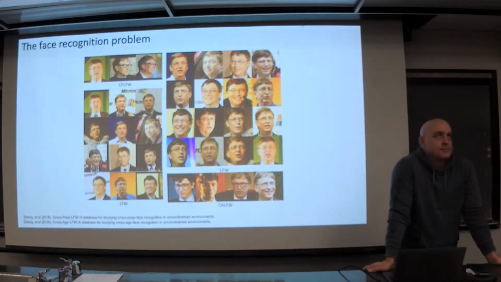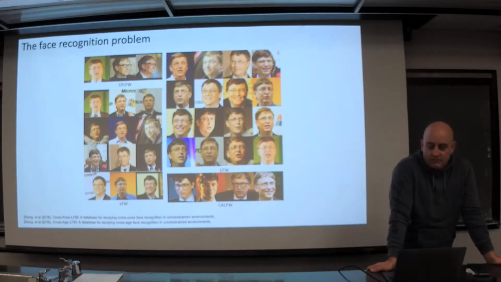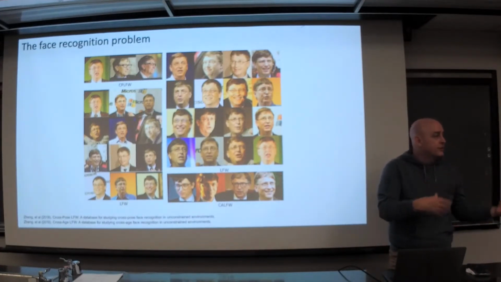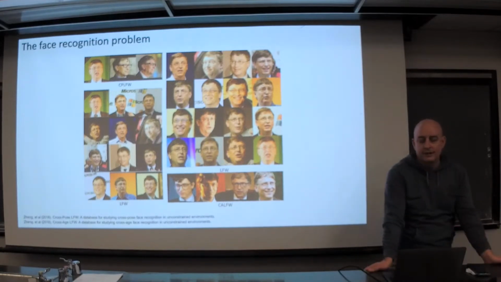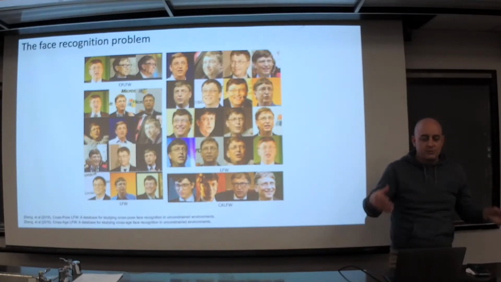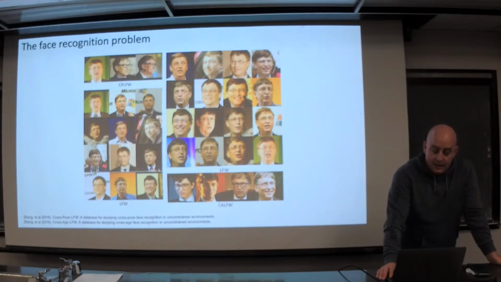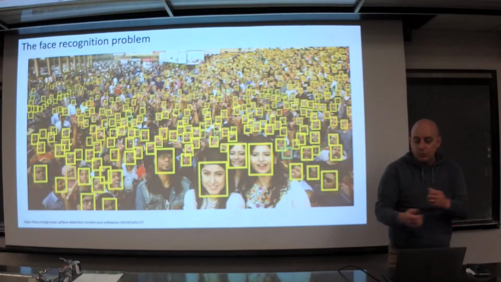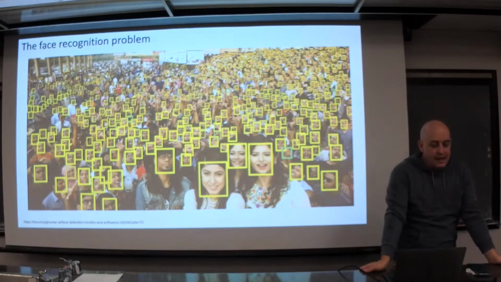If you have images where there are only ever 20 people, or even 100 people, you can take the techniques we've learned and train a straightforward classifier. But this problem becomes really challenging if you're trying to recognize the faces of thousands, tens of thousands, hundreds of thousands, millions of people.